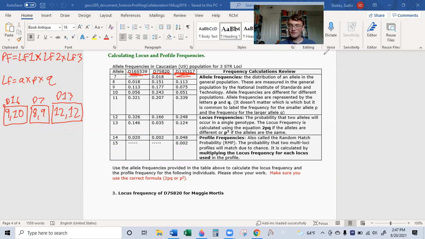So for D16, my locus frequency is equal to, so we're at D16 right here. Make sure you're looking at the right column. Looking at a 9-10 combo. So there's my 9. So notice the two numbers are different. So A is going to equal 2 times, let's see, so the allele frequency for 9 at D16 is going to be 0.113.